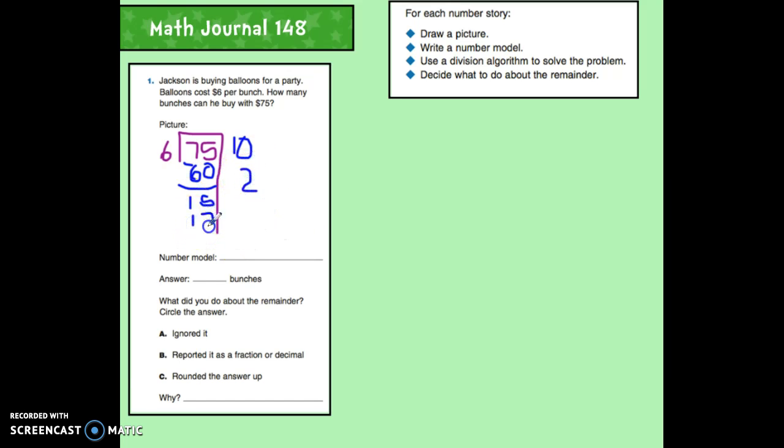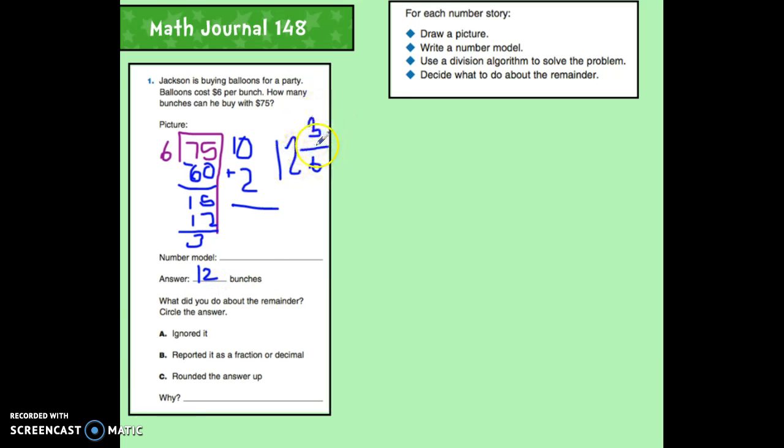That's 12. So I have 3 left over. So that's 10 plus 2 is 12. And then I have 3 dollars left over. So how many bunches can I buy? I can buy 12 full bunches.